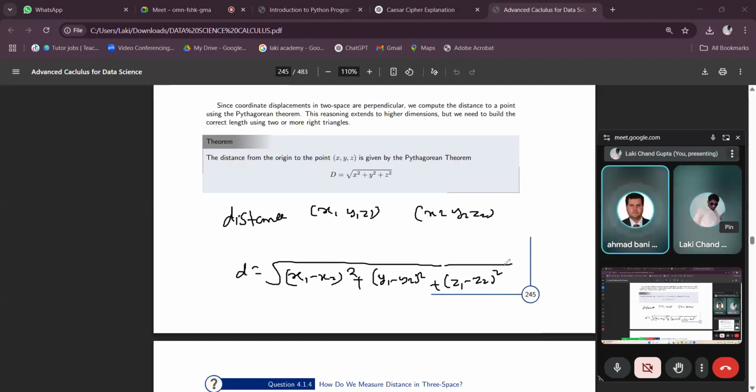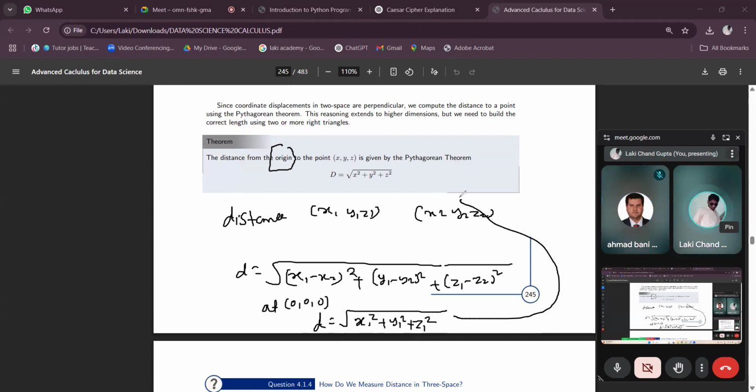If one point is the origin, let's suppose this is (0, 0, 0), the distance becomes: 0 minus x1 squared is x1 squared, so you can write the square root of x1 squared plus y1 squared plus z1 squared.